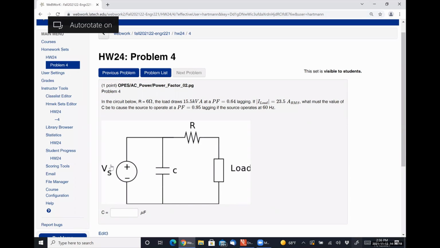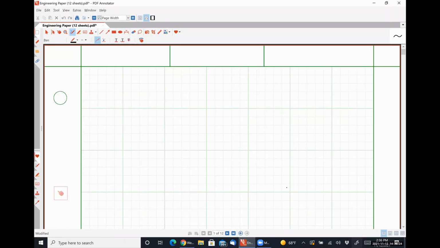So we have an unknown voltage source, I believe. And I'm going to call this VS. And if I need it, I'll solve for it as an RMS phasor quantity.